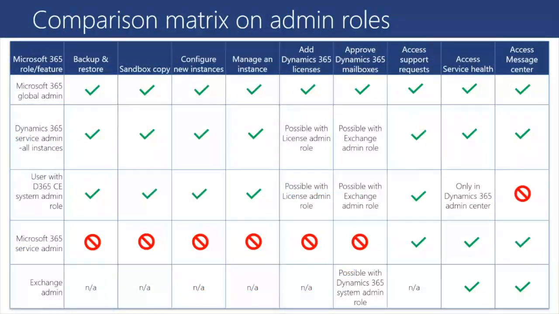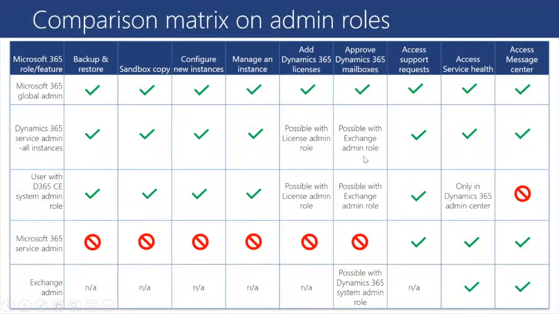Let's see which role can perform what from the Dynamics 365 customer engagement point of view. Okay, so first we have the global admin. Basically, this particular user can perform all admin tasks. And a Dynamics 365 service admin can also do almost anything except assigning licenses and approving emails.